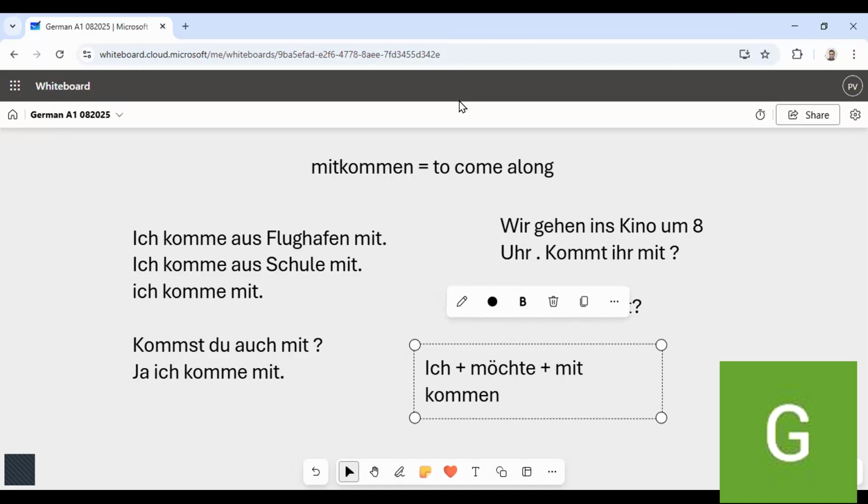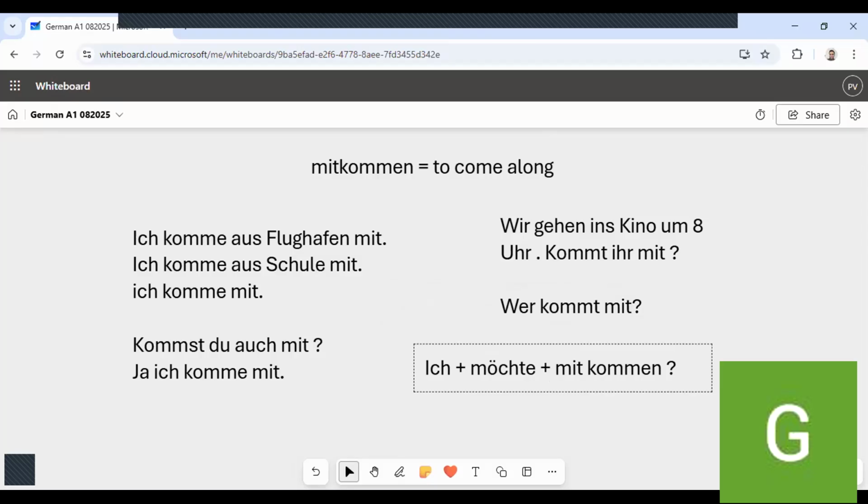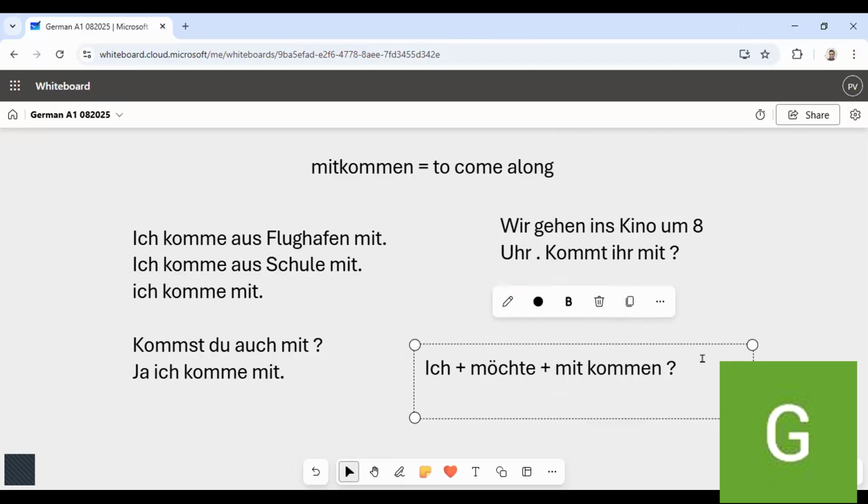Now there is a competition between modal verb and Trennbar verb. What will happen? Who will win? Of course, modal verb will win. Modal verb says I am at the second position, you both brothers or sisters go at the last position together. Now the sentence will be like this: Ich möchte auch mitkommen.